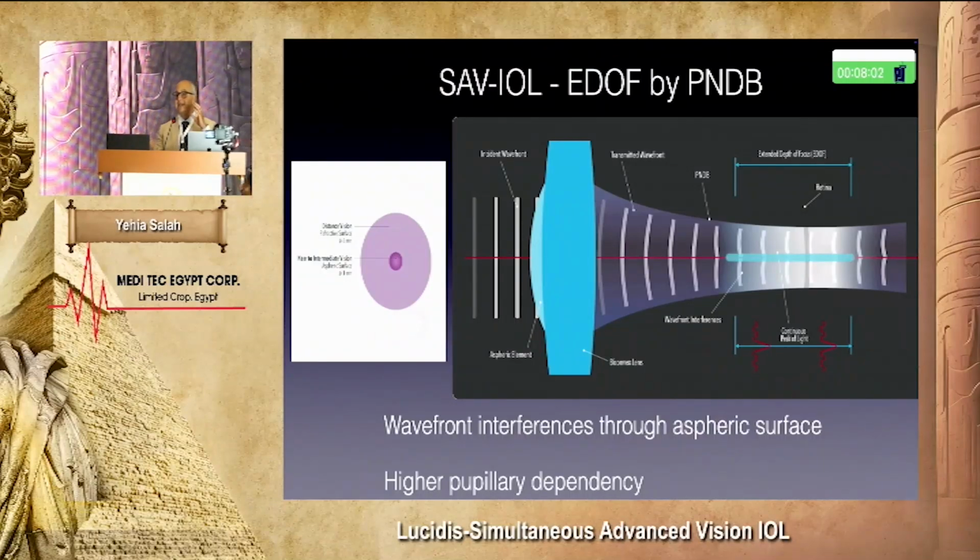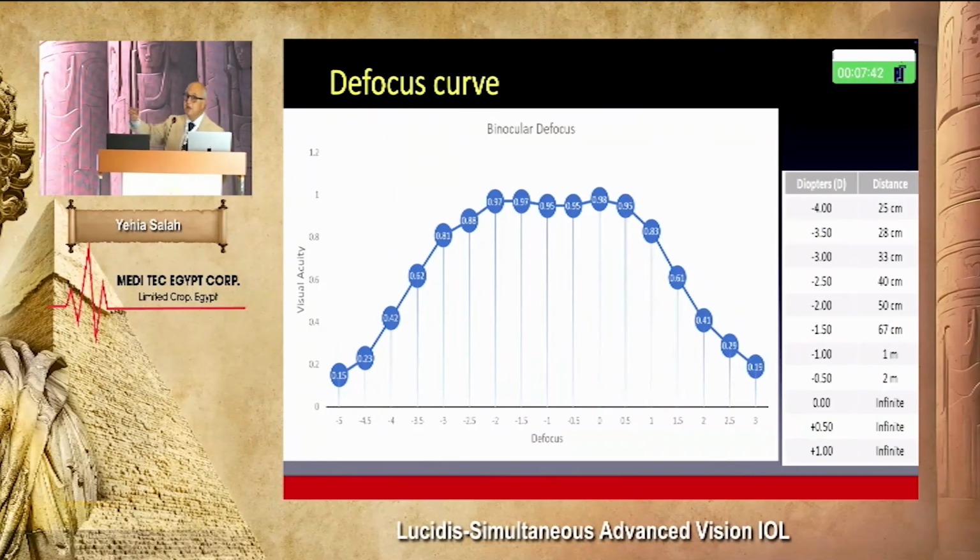Of course, everything has advantages and disadvantages, so this can be dependent on pupillary size, as I'm going to talk about. And usually, this only 1 millimeter of change can give as if there is a +3 diopters, which allows for very good near vision. And if you see the defocus curve, it explains how large the extended depth of focus range is.